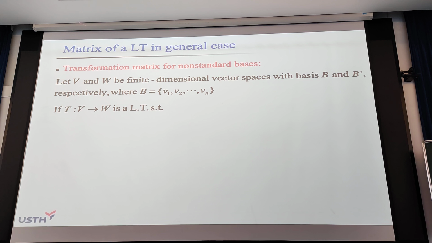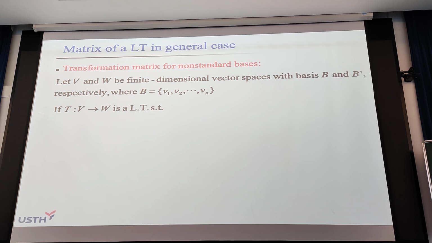And we suppose that B is a basis for V and B prime is a basis for W. And in order to find the matrix, we need to specify B consisting of the vectors v1, v2, ..., vn.